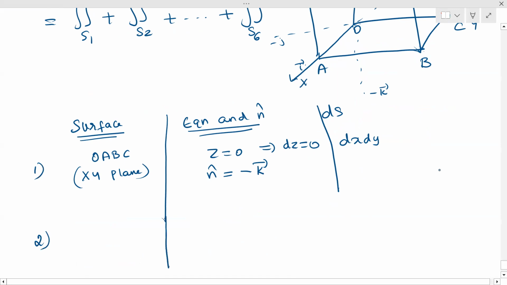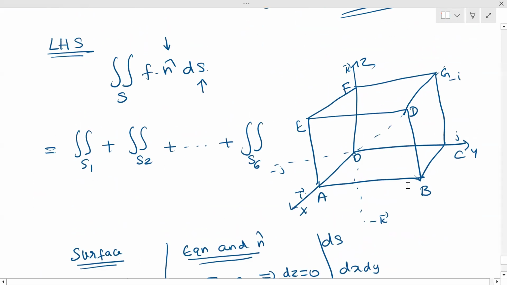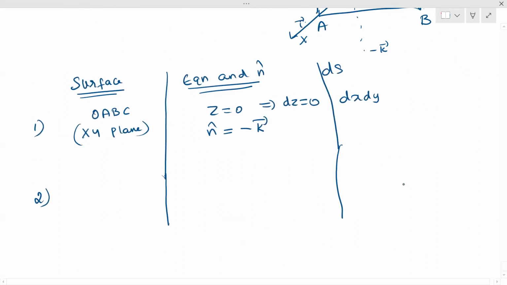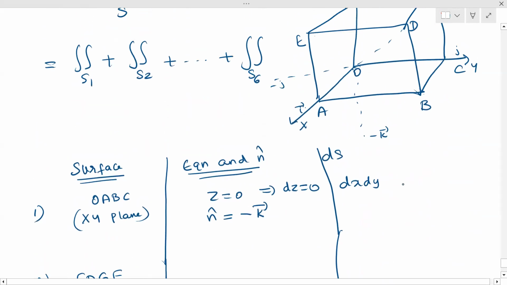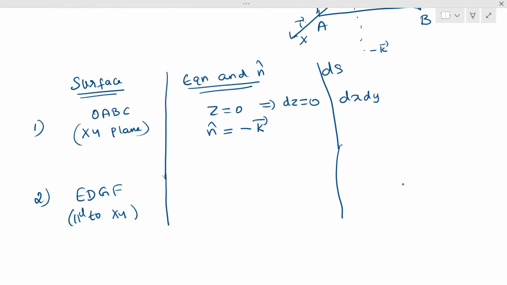Second surface, parallel to the xy plane. Which plane is parallel to xy? This one, EDGF. For a plane parallel to xy, what is the equation? The other variable should be constant. Here the other variable is z, so z is constant.